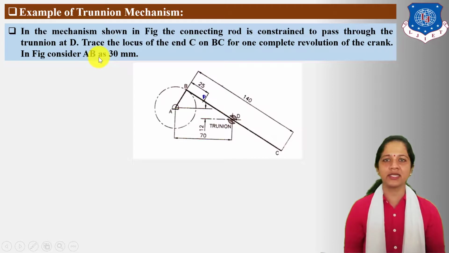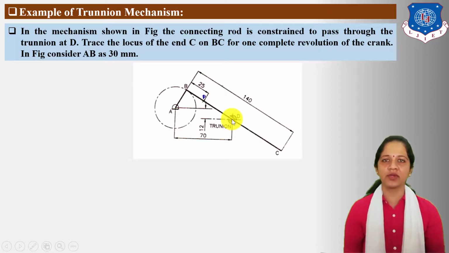In figure, consider AB as 30 mm. Here you can see AB indicates crank. This circle is a path of B point. A point is a fixed point. D point is also fixed point and which indicates Trunnion point.